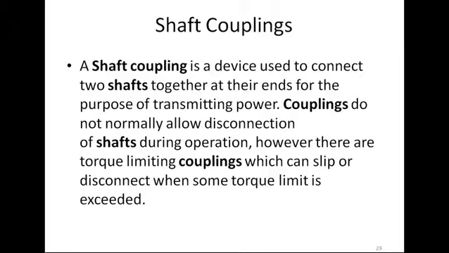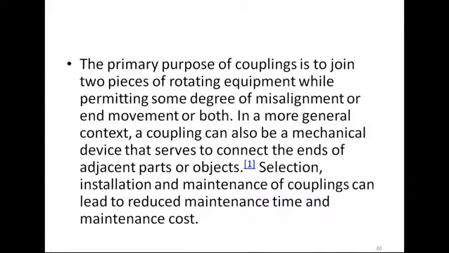Coupling is nothing but coupling two parts together, and then we transmit the power from one place to another place. It means that from one shaft to another shaft we transmit the power. The primary purpose of a coupling is to join two pieces of rotating equipment while permitting some degree of misalignment or end movement or both.